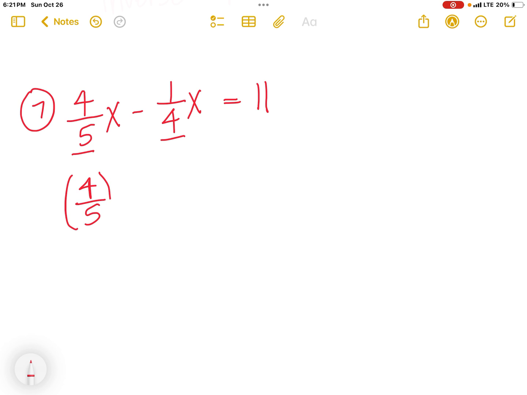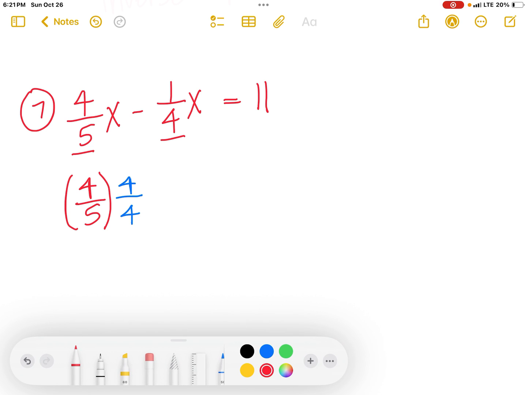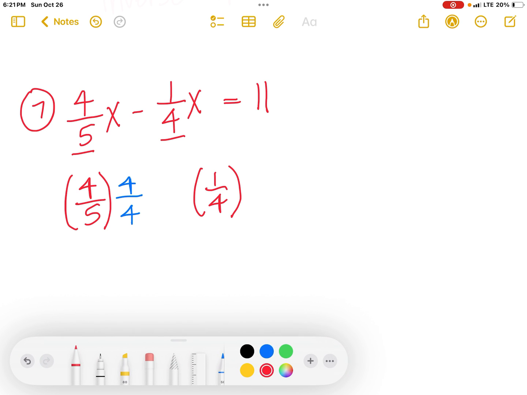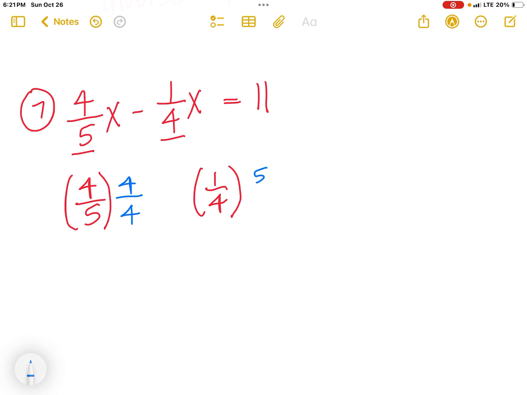I need to multiply 5 by 4. So I'm going to do the same thing to the numerator. And for 1/4, what do I need to multiply 4 by to get to 20? 5. So I'm going to do the same thing to the numerator.